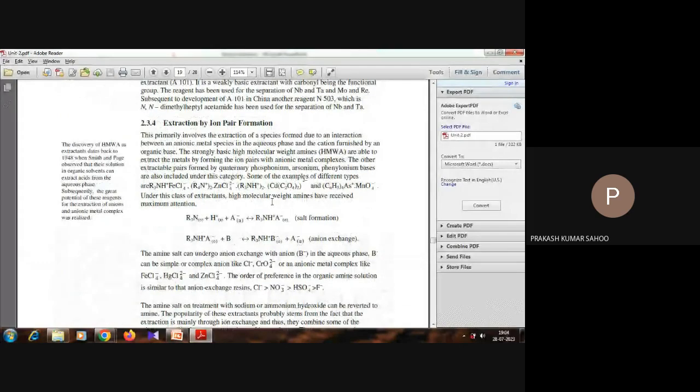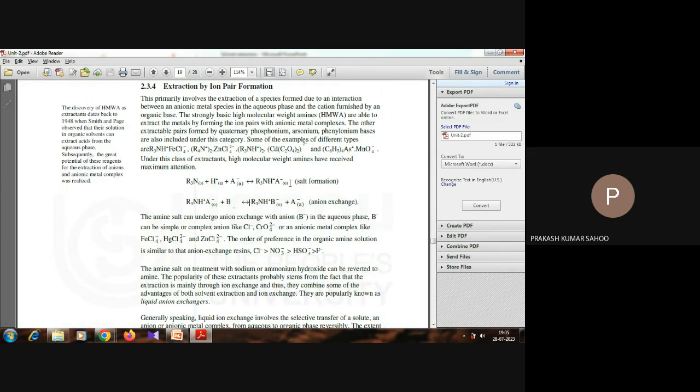extraction by ion pair formation, ion exchange. The example is R3N, a trialkyl amine in the organic phase in acidic medium, and A minus, an external ion from a salt in the aqueous phase. We get a salt formation here, NH plus and A minus. This will be in the organic layer, because this inorganic part becomes organic when reacted with a trialkyl amine.